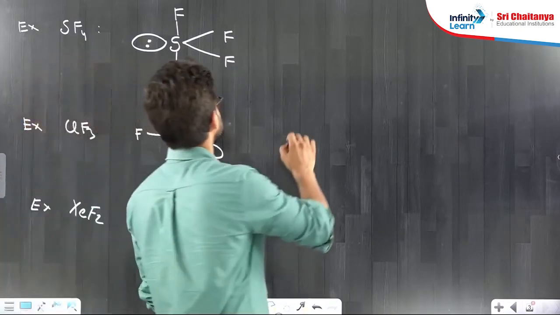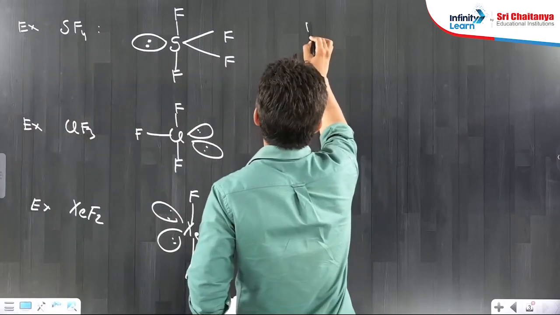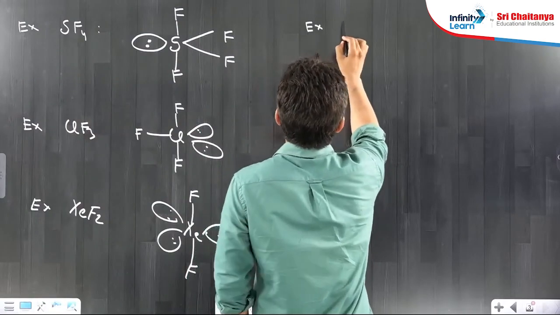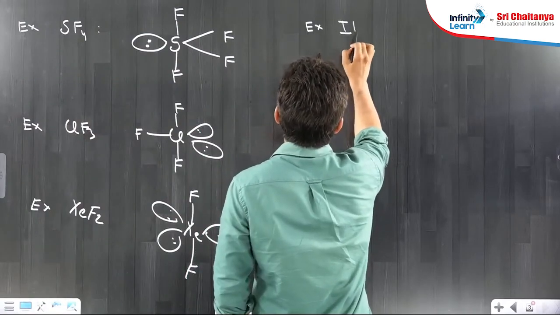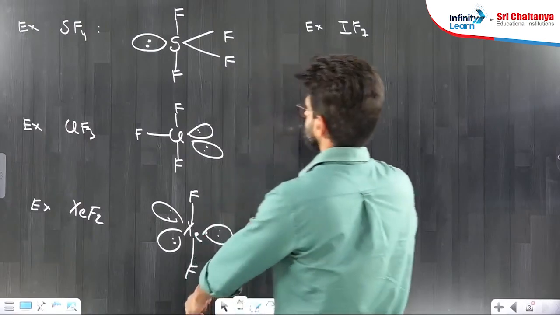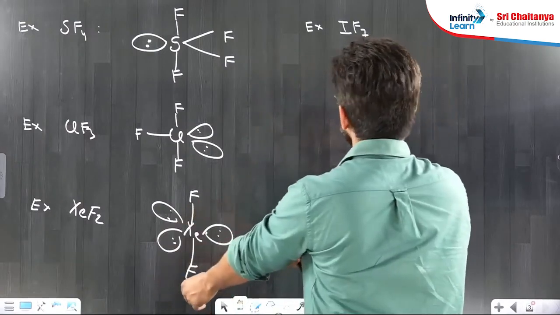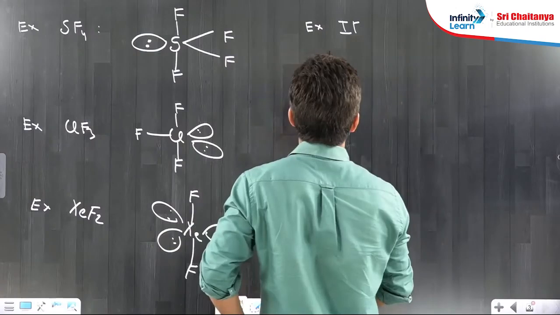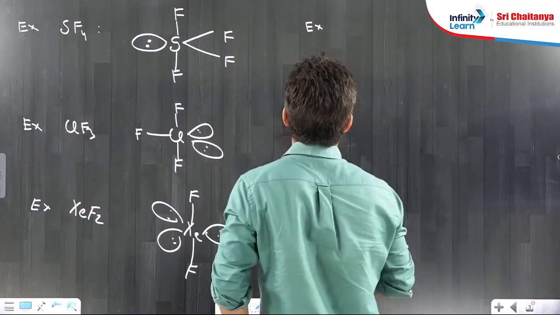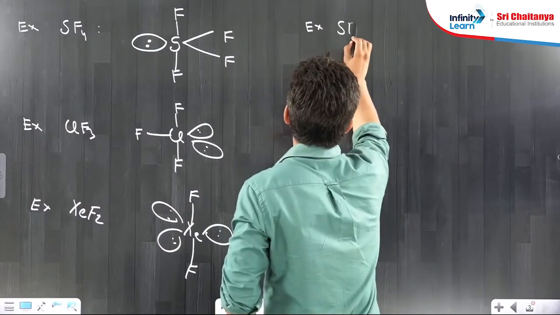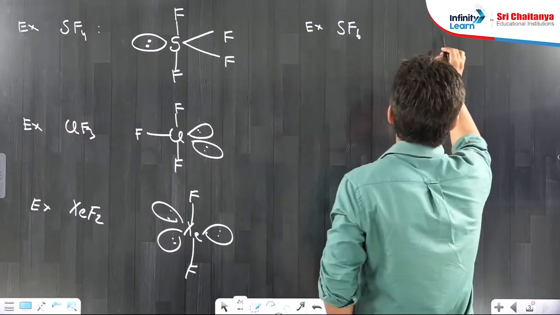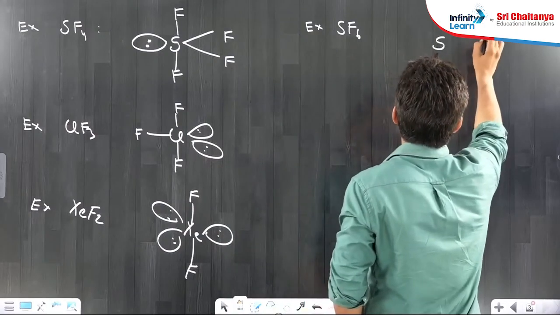Right? And one more I will take. Here you can see, IF7 I can take. Right? Okay, before IF7 we can take SF6 also. We are having SF6. Right? In SF6 sulfur has 6 valence electrons.